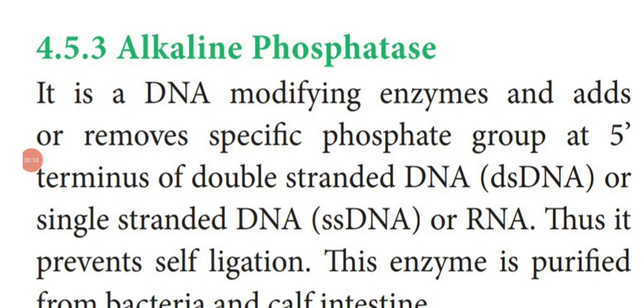Dear students, the last enzyme for genetic engineering is alkaline phosphatase. It is a DNA modifying enzyme. With the help of this enzyme, we are adding and removing the specific phosphate group at the 5' terminus of double-stranded DNA, single-stranded DNA or RNA.